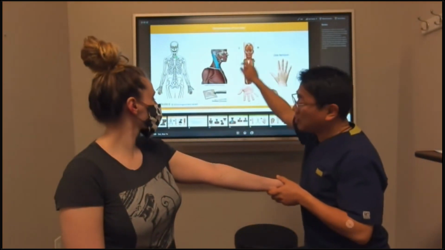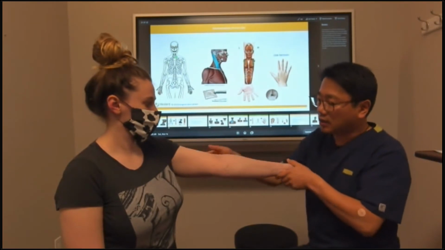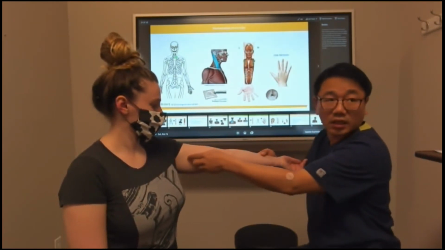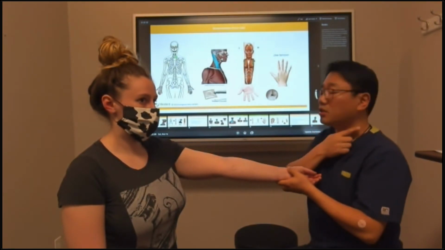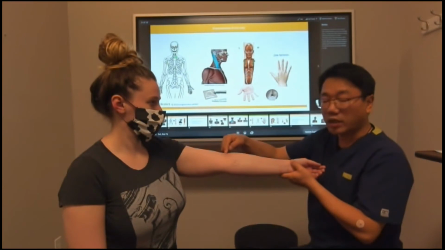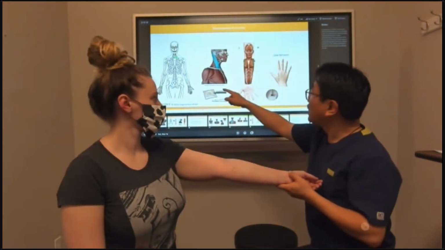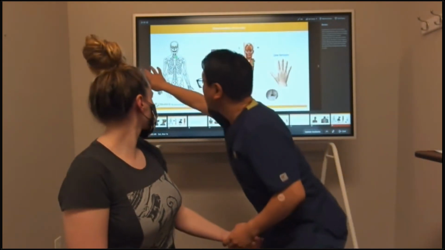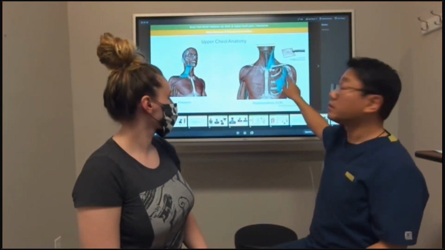As you can see, this is the neck, and this is the side of your neck. This is the junction of your neck area. This here is the elbow area. Yes, we can find this point to relieve pain in this area.